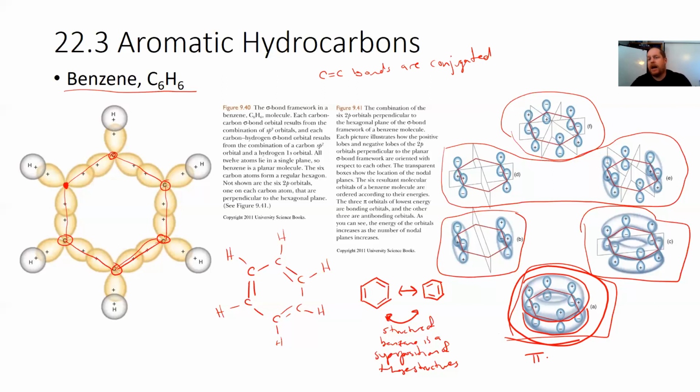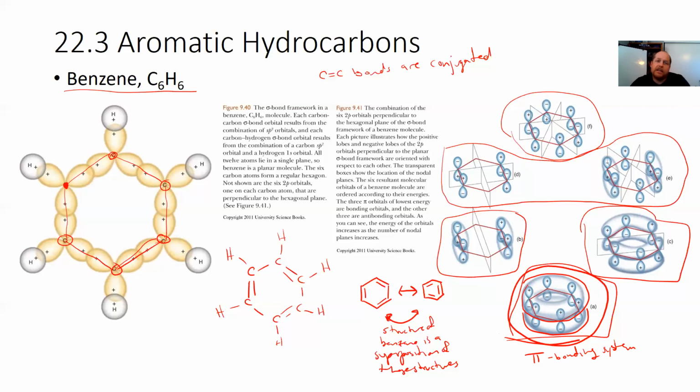So this would be a pi bonding system. Now, benzene is one of this class of organic molecules that are called aromatic, and they all have this relationship where they have a certain number of these double bond, single bond, double bond motifs that is repeating in some way.